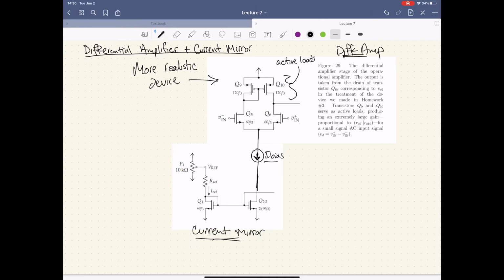What else do we have for this? There's not much else to talk about here for the current mirror. We've already discussed how these function. One note is that this could actually be represented by 2 MOSFETs, and for those, their drain leads are tied together, while the gate leads are also connected, and source leads are also generally connected.